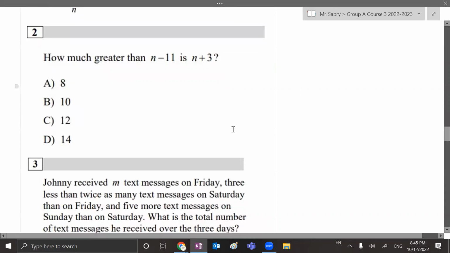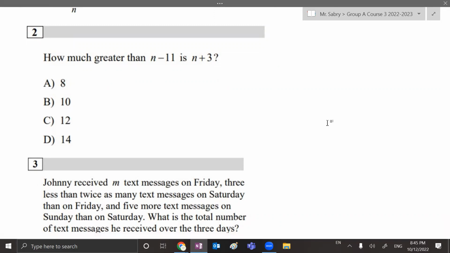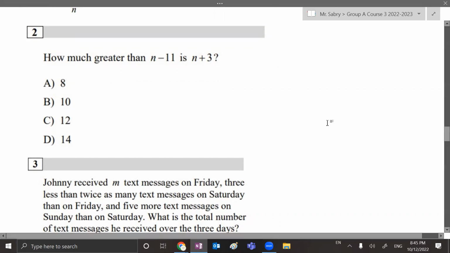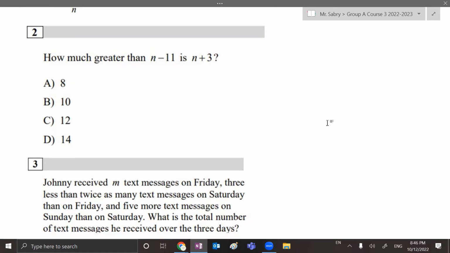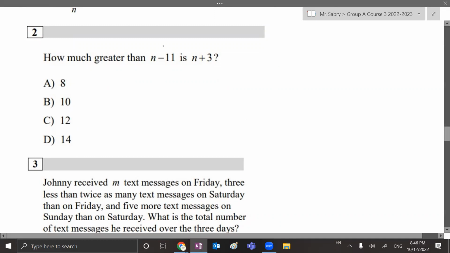If you check number 2, how much greater is this than that? If I want to know how much older I am than you are, I'll do my age minus your age. If I want to know how much greater something is than the other, I'll subtract them from each other. So how much greater than this is this? Which one is the bigger one?